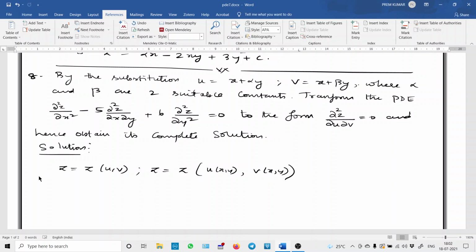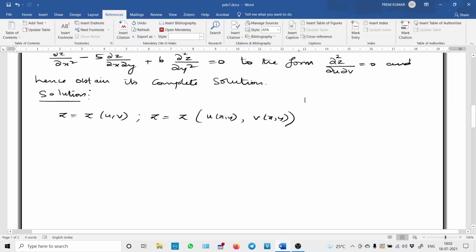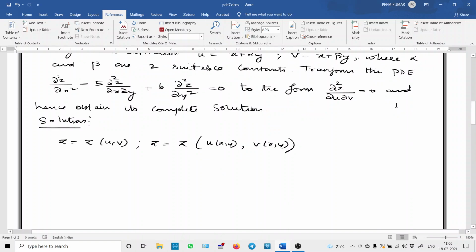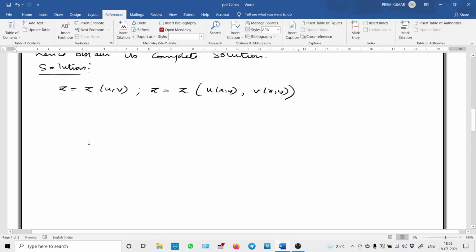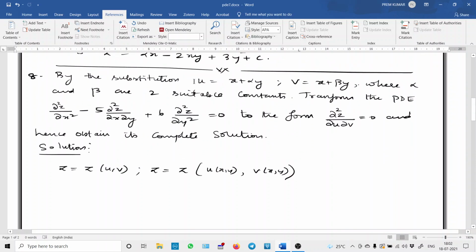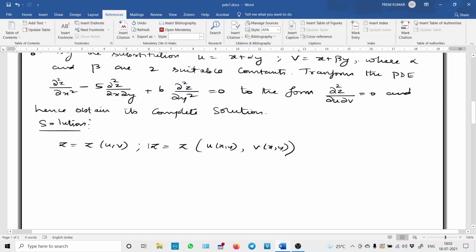We can write like this. So we are going to transform this partial differential equation into one whose independent variables are u and v, using this transformation.